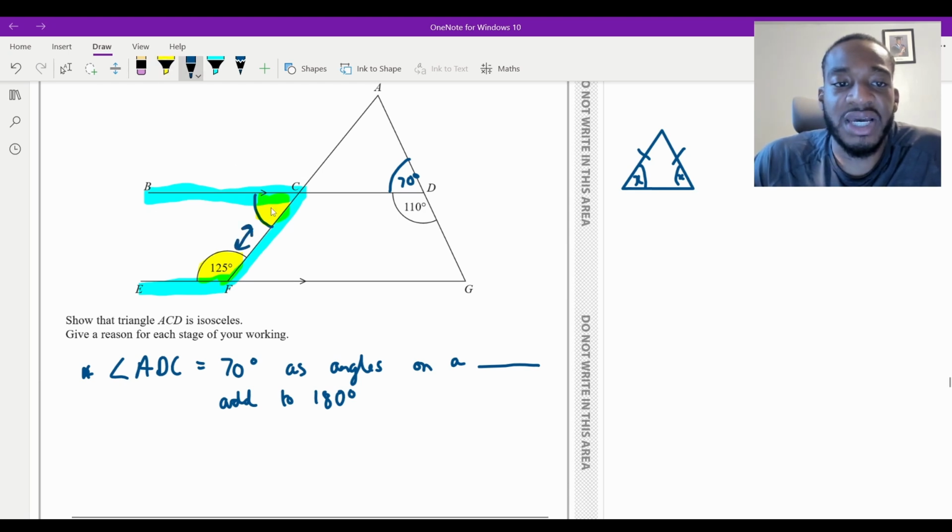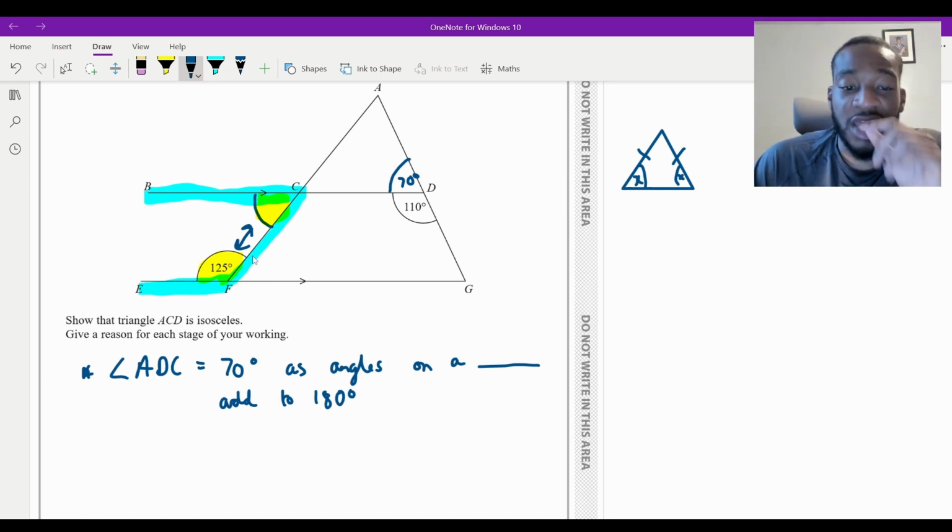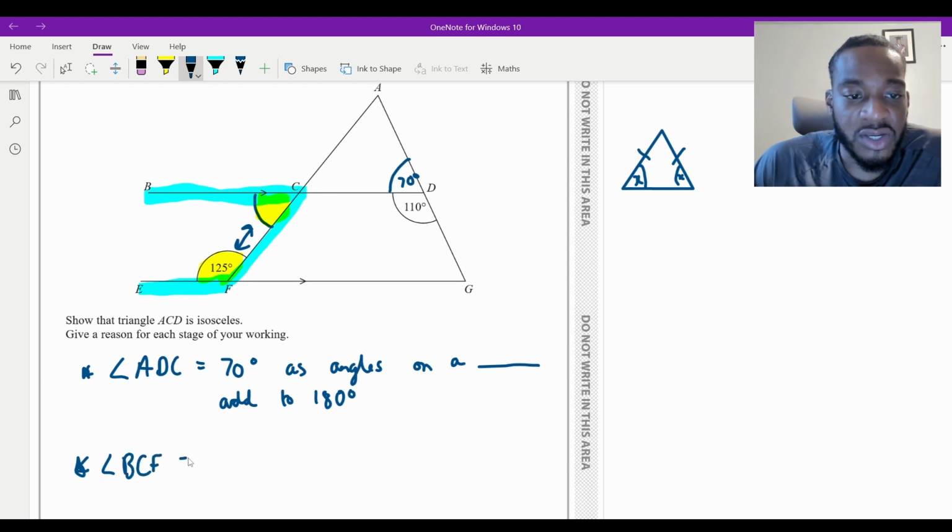So to work out what this angle is here, you're going to do 180 take away 125, which is just 55 degrees, isn't it? So what I'm going to say here is that that angle, which is angle BCF, is going to equal 180 take away 125 degrees, which is equal to 55 degrees.